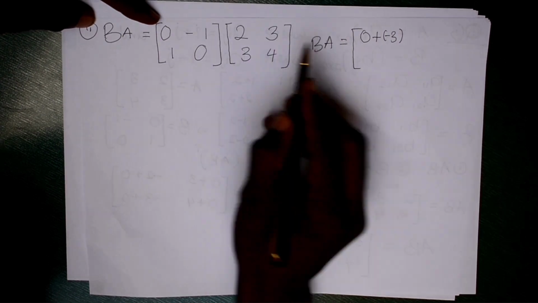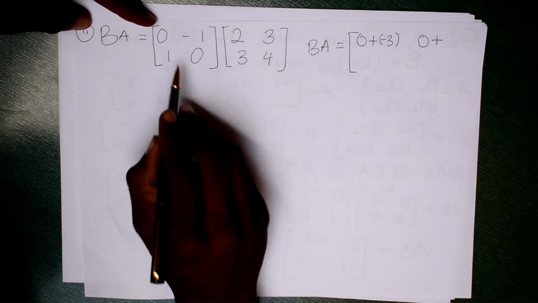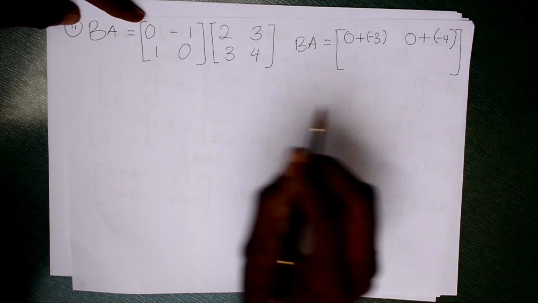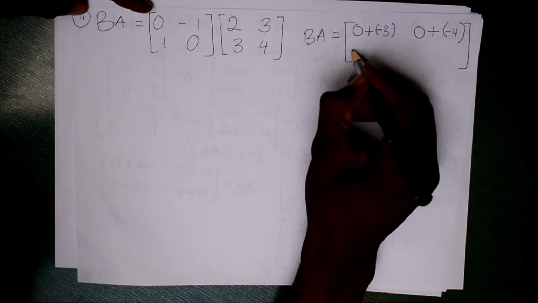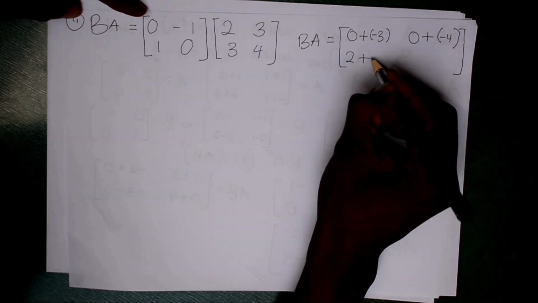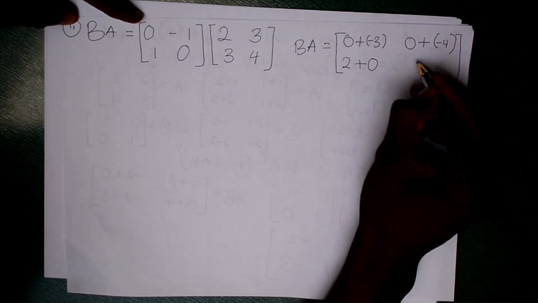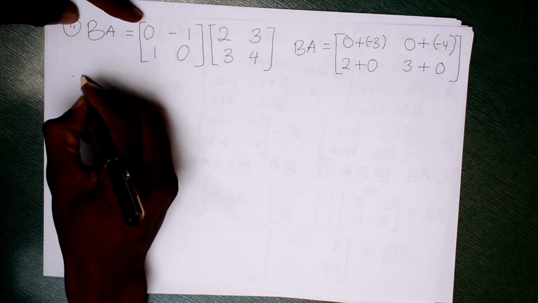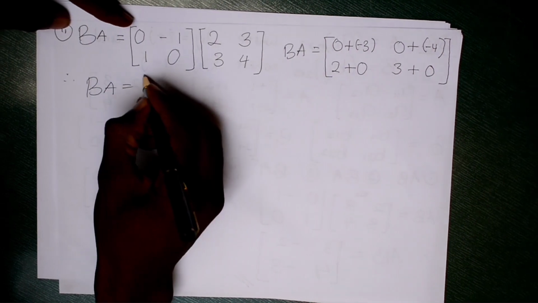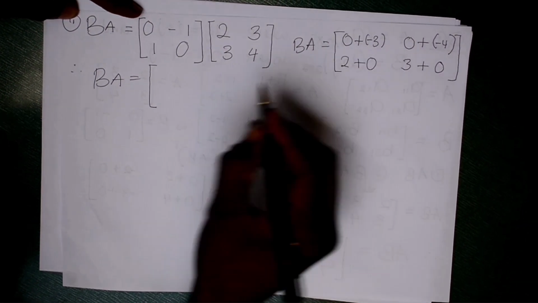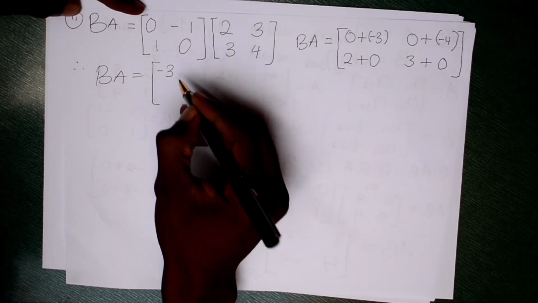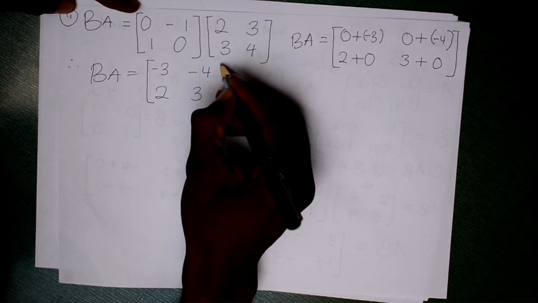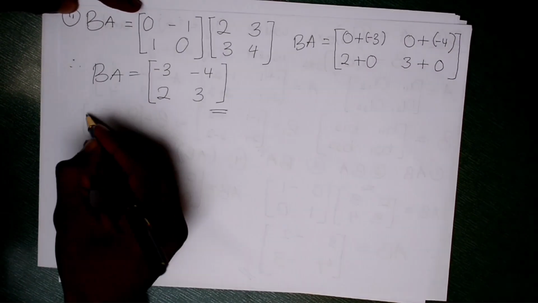Then 0 times 3, 0, plus minus 1 times 4, minus 4. Then 1 times 2, 2, plus 0 times 3, 0. 1 times 3, 3, plus 0 times 4, 0. So now matrix BA will be equal to 0 plus minus 3, minus 3, 0 plus minus 4, minus 4, 2 plus 0, 2, 3 plus 0, 3. So this is matrix BA.